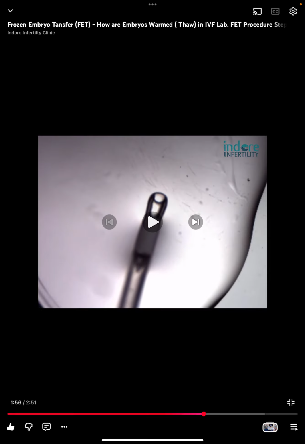So it is loaded in the catheter. That is the embryo transfer catheter, which has been shown. Okay. If you see, it's already filled with 15 microliters of media. Now we are taking the embryo, and again we'll fill with 10 microliters of media. This is not the blastocyst. It is in the middle of the catheter, right?